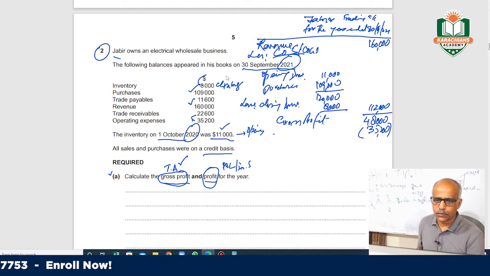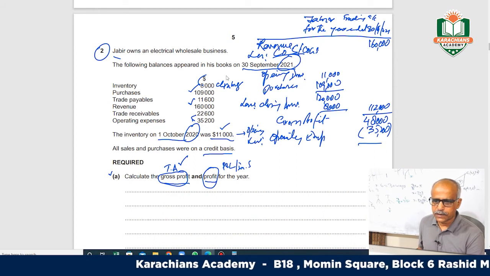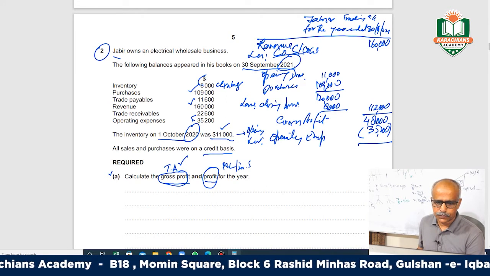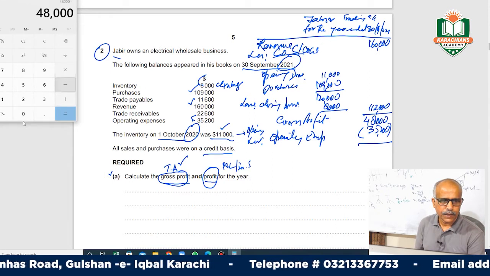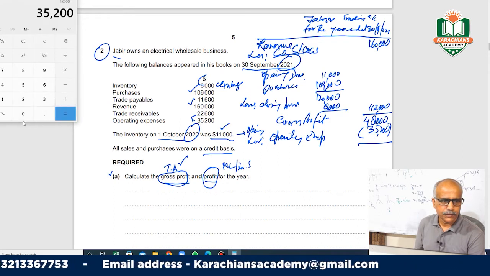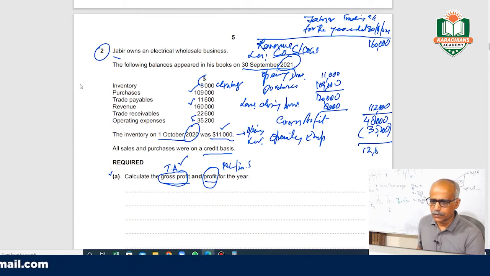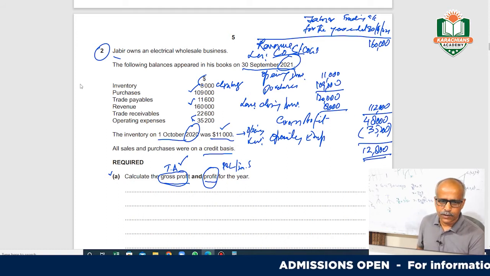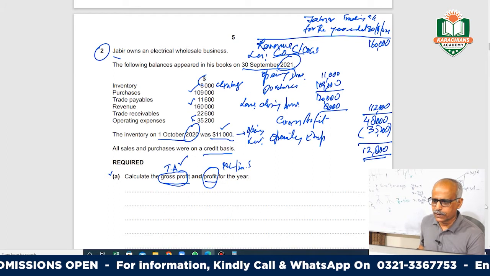Deduct them: 48,000 minus 35,200. So your profit would come to 12,800. This was a very simple requirement. So gross profit and net profit we have to calculate, and we are done with this.